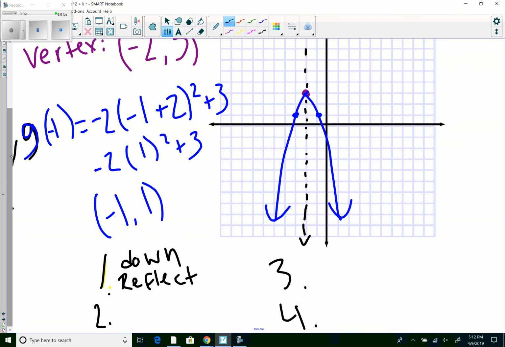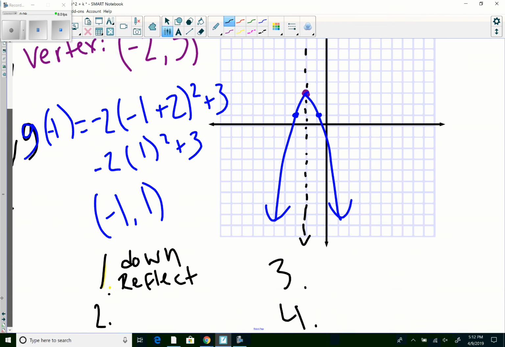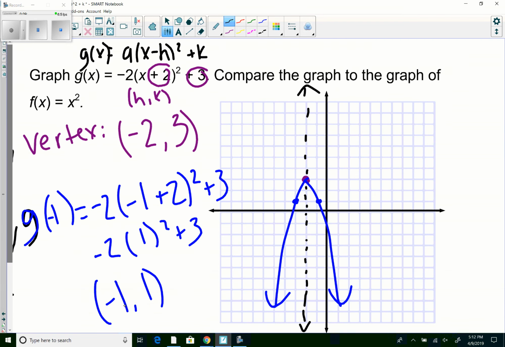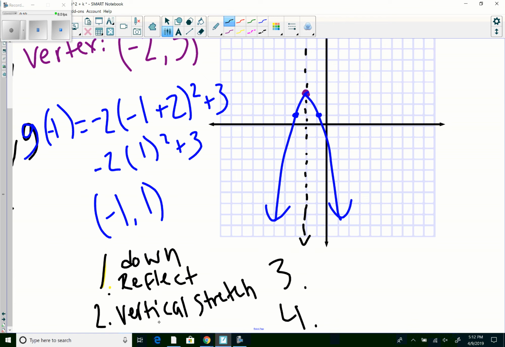Second thing that happened, sticking with the left to right theme, we have a 2. That means the second transformation is that there was a vertical stretch by a factor of 2.